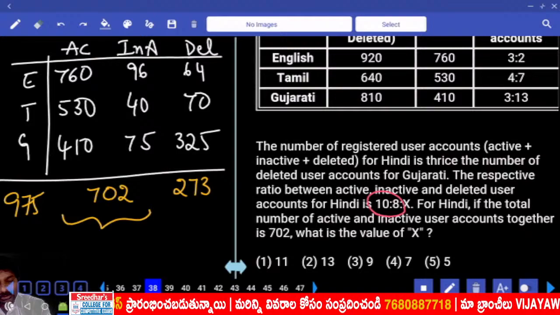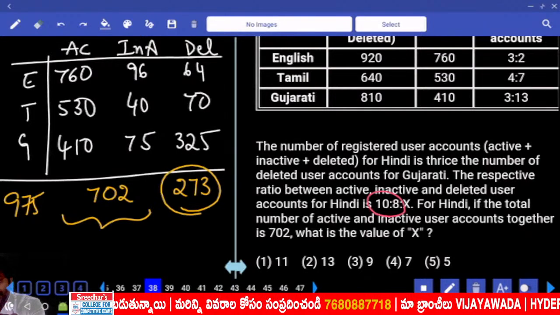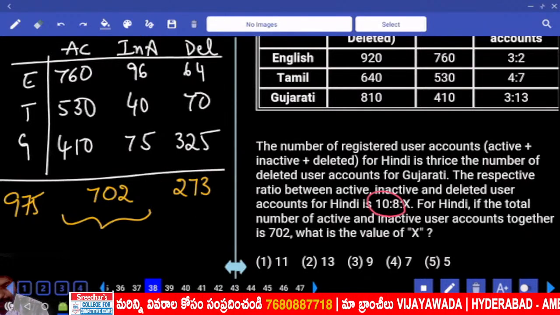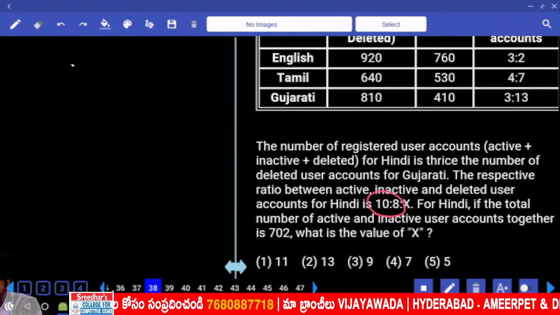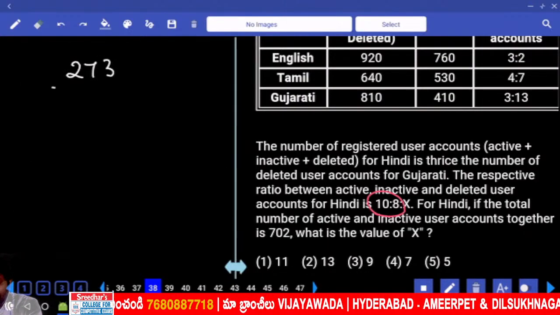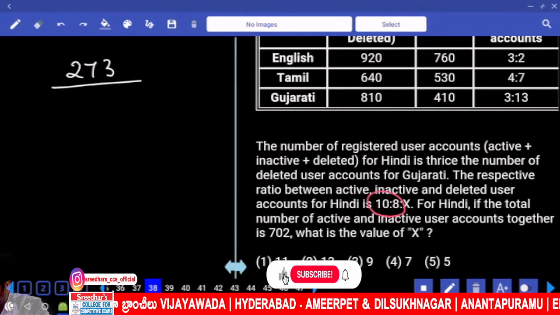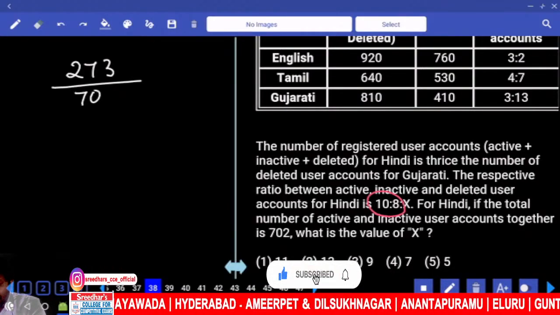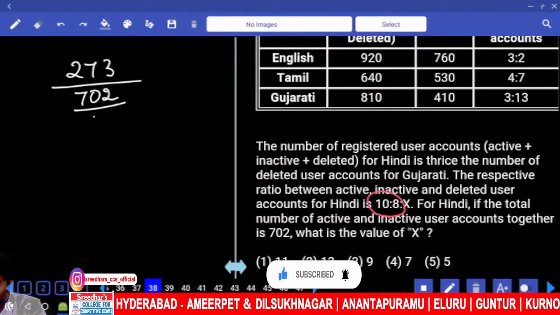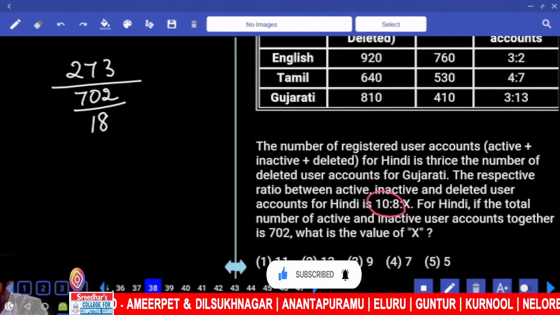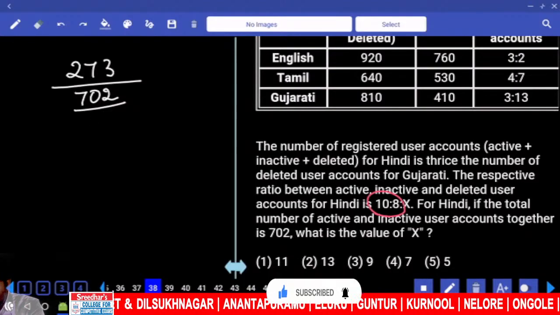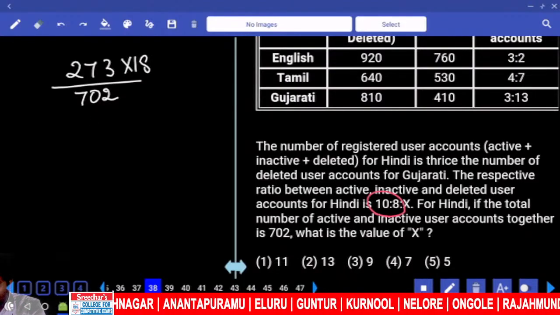So 273 will be equal to X parts. Am I right? So if you want to convert 273 in terms of number of parts, you have to divide this by 1 part value. You know that 702 is equal to 18 parts, then 1 part will be 702 divided by 18. Denominator comes to numerator, that will be 18.